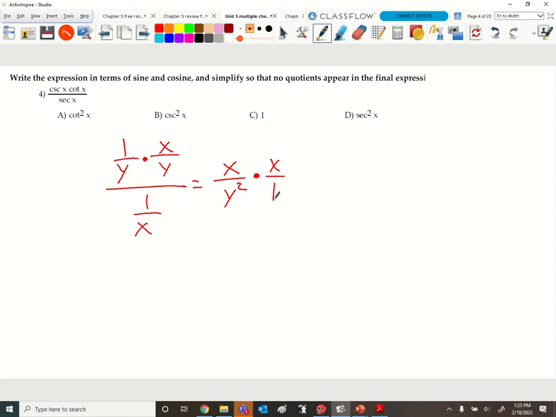X over 1. Now on the top of this, I'm going to get x squared over y squared. Very good. X squared over y squared turns into cotangent squared. Very good. Yep. Okay.